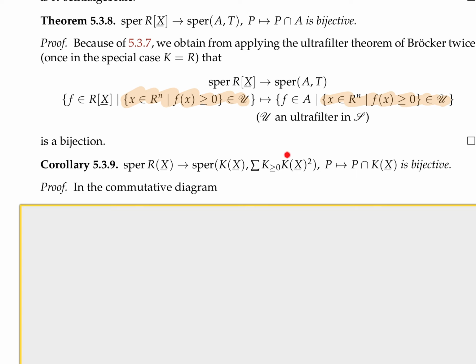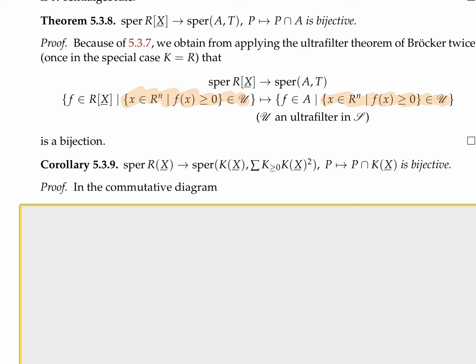And here I take the pre-order generated by the same elements in the field of rational functions. And the map otherwise is defined by the same rule here, and is again bijective.